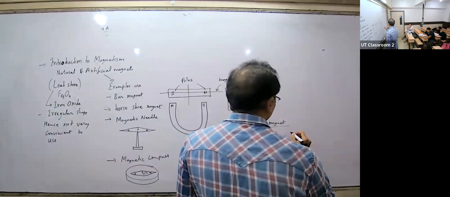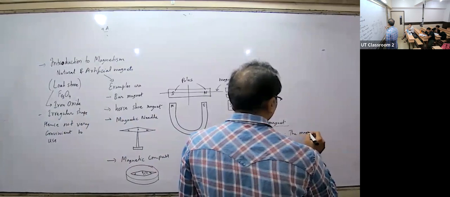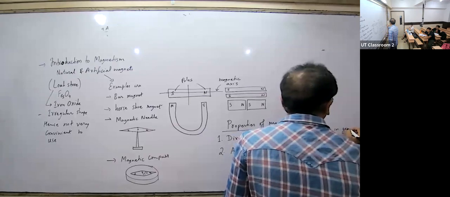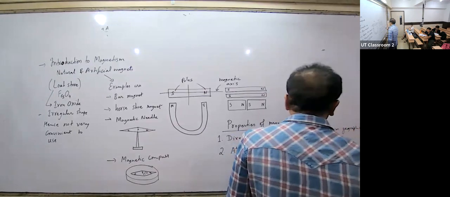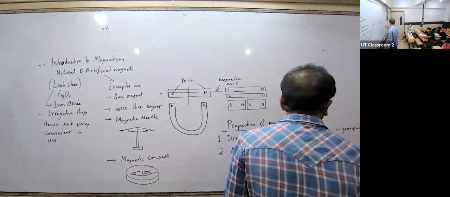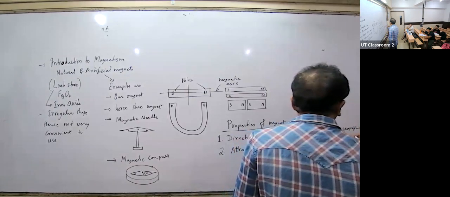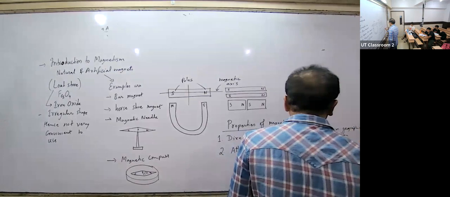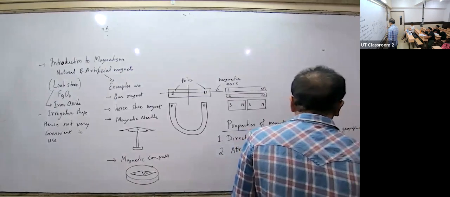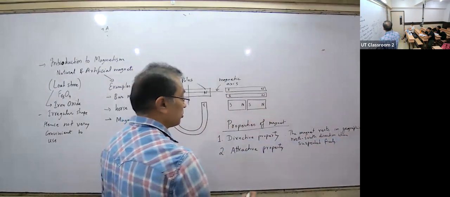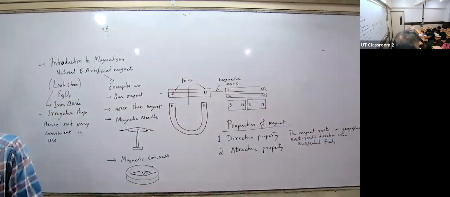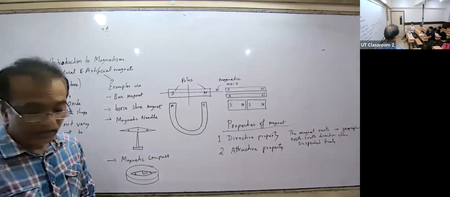So the magnet rests in geographic north-south direction when suspended freely. Okay, this is the directive property. What about attractive property? It has a tendency to attract small pieces of magnetic substances such as iron.